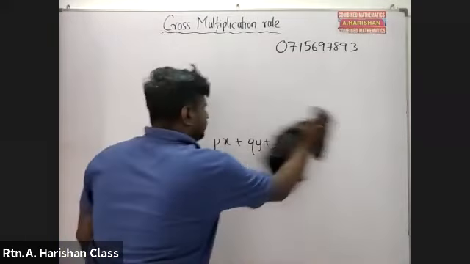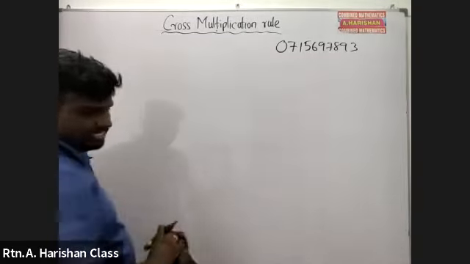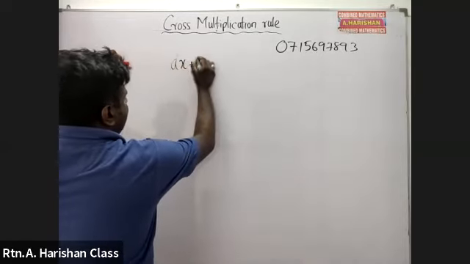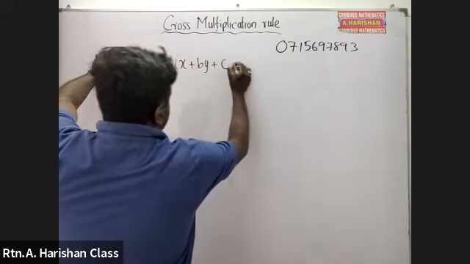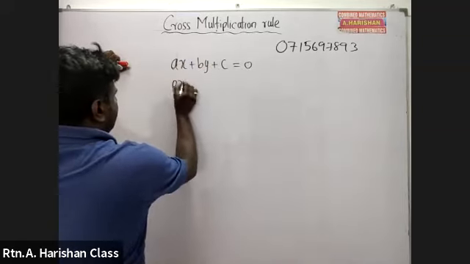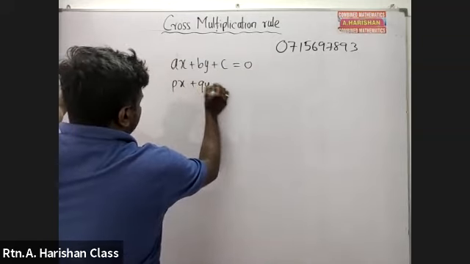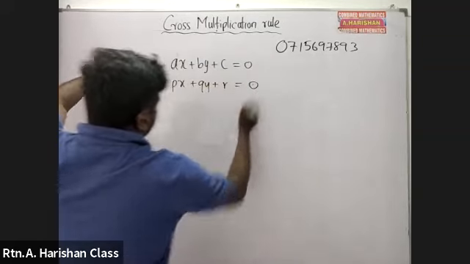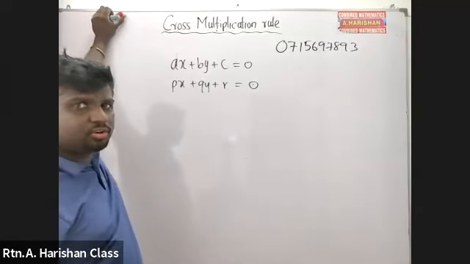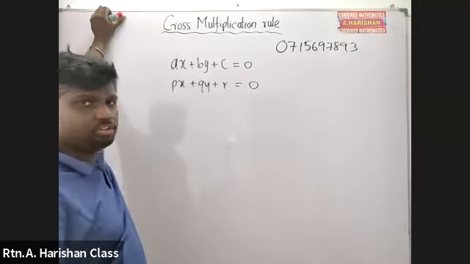So I'm going to explain what is happening here. Write down ax plus by plus c equals 0 and px plus qy plus r equals 0. I'm going to solve this using the cross multiplication rule.